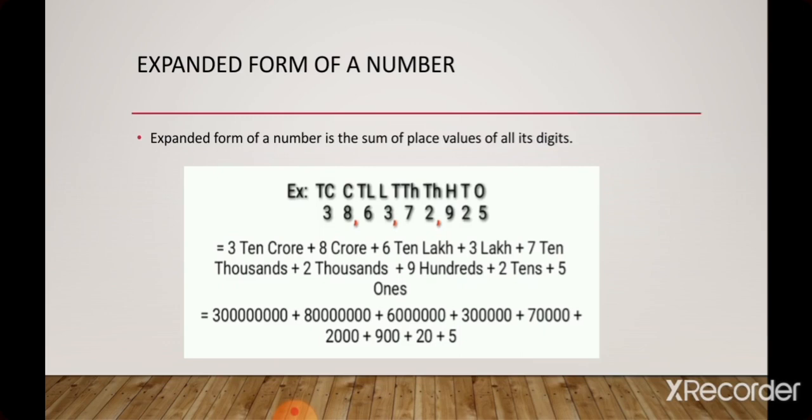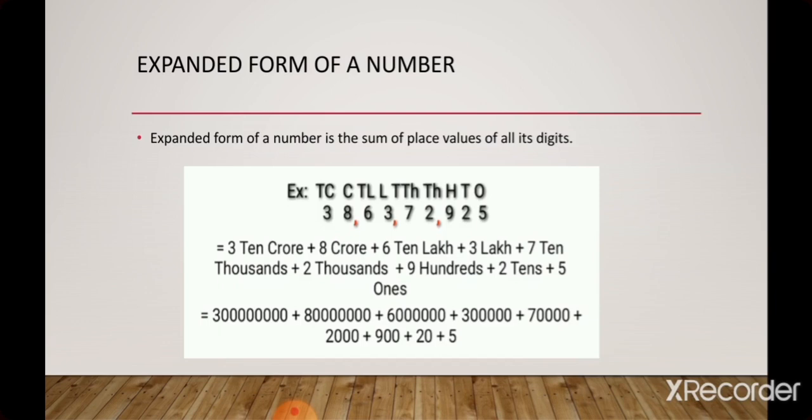So 8 crore plus 6 in 10 lakhs place, that's why 6 10 lakh, plus 3 in lakhs place, that's why 3 lakh, plus 7 in 10,000 place, so 7 10,000s, plus 2 in thousands place, 2,000s, plus 9 in hundreds place, that's why 900s, plus 2 in tens place, that's why 2 tens, plus 5 in ones place, so 5 ones.